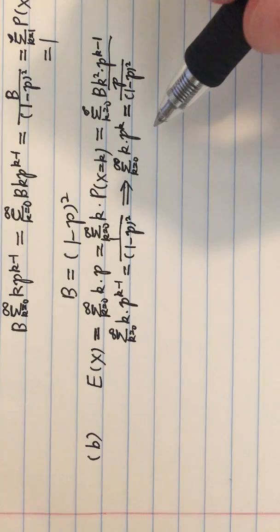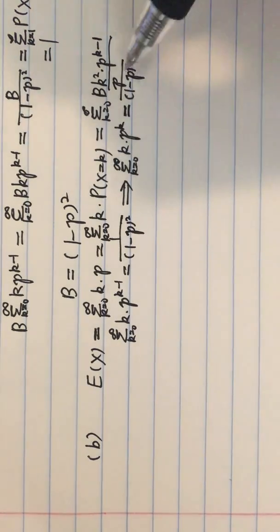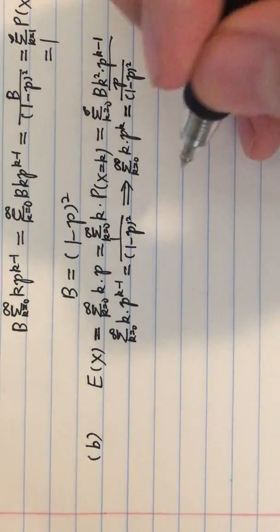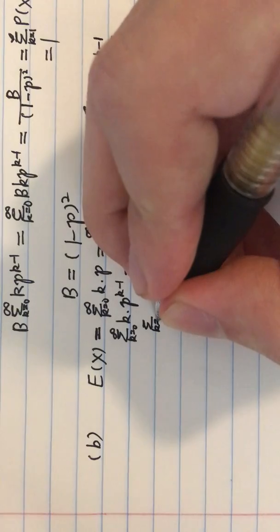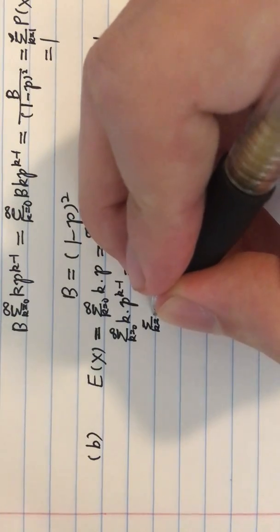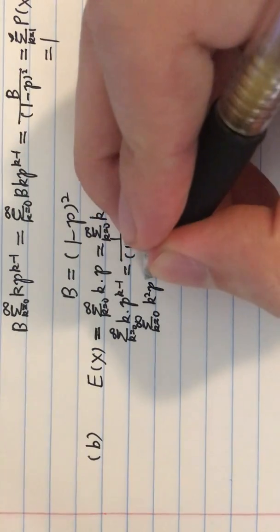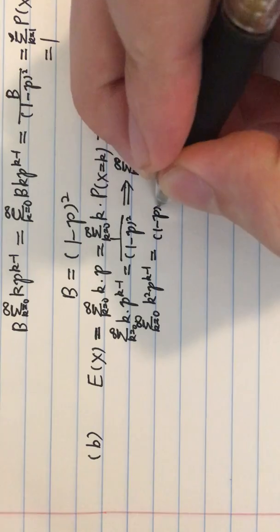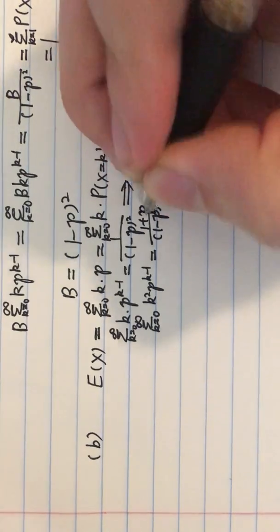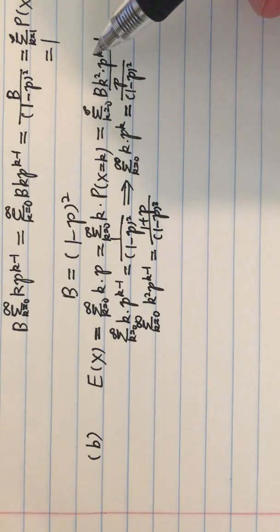So we just differentiate both sides of this equation, and we get this. So this is what we need, right?